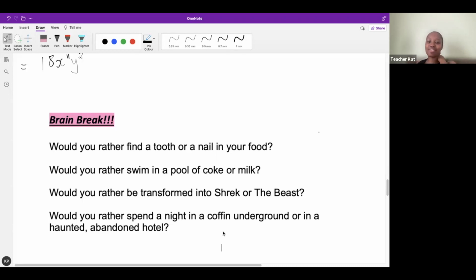And Min says coffin. The way they're alternating. Coffin, hotel, coffin, hotel. Okay, now hotel seems to be winning. Guys, you guys are not afraid of ghosts and stuff. Do you know what an abandoned building looks like? Like, it's scary. It's so scary.